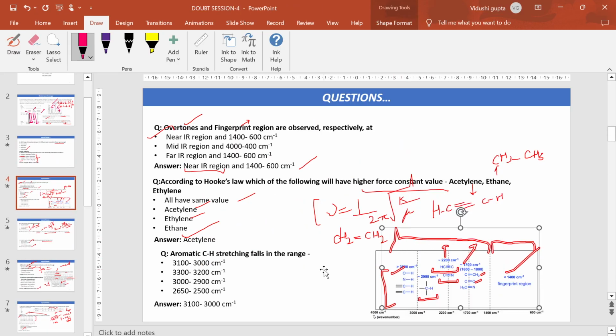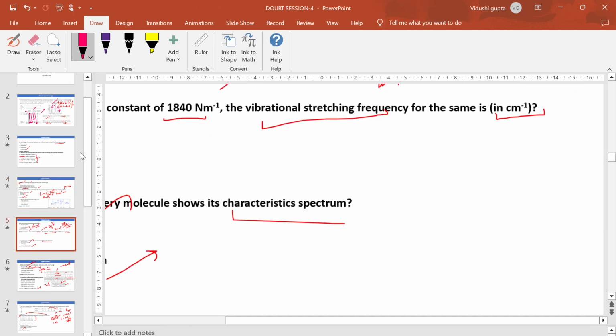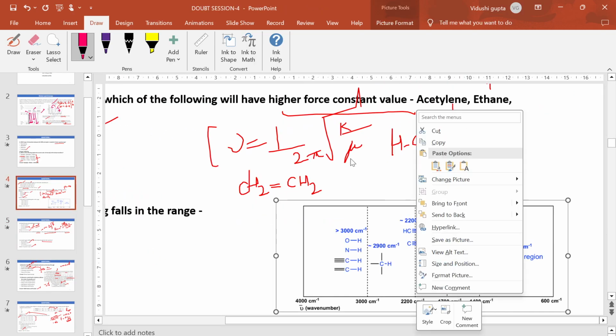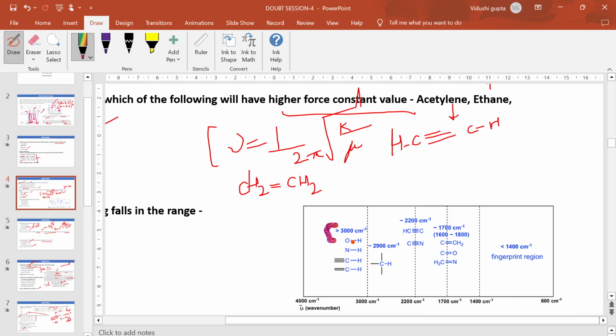Here you can also take this into account. See, what comes near 3000? OH, NH, triple bond CH.